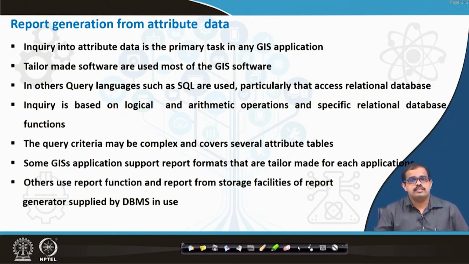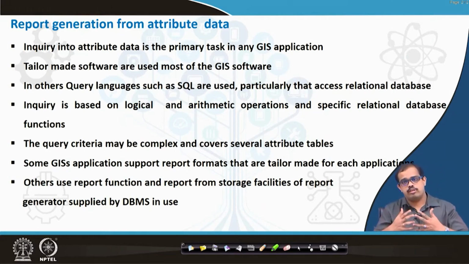Some GIS applications support report formats that are tailor-made for each application. So, there are a lot of customized software. For example, ArcGIS has a lot of flavors when you want to generate a report for a specific application. If you are reporting for an urban application, your report generation is completely different from reporting for a hydrological application.